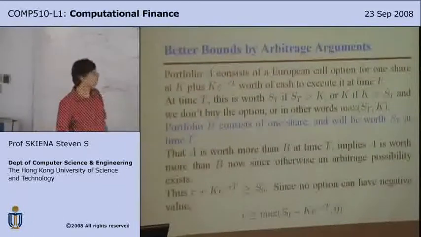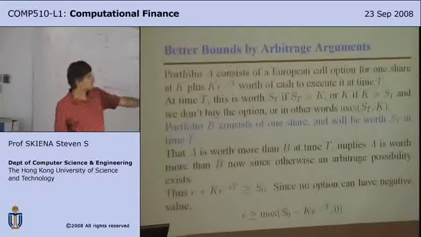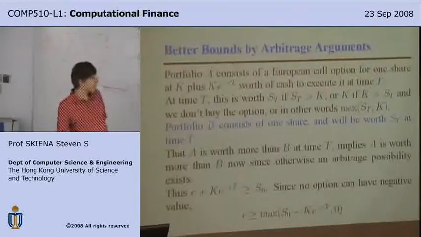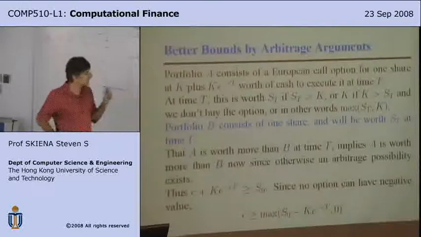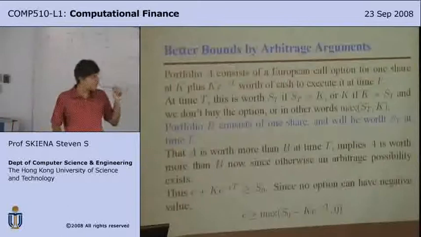So if we do a little bit of algebra, by putting the minus K e to the rT on the other side of the expression, we know that the call price has got to be greater than or equal to S naught minus K e to the minus rT.